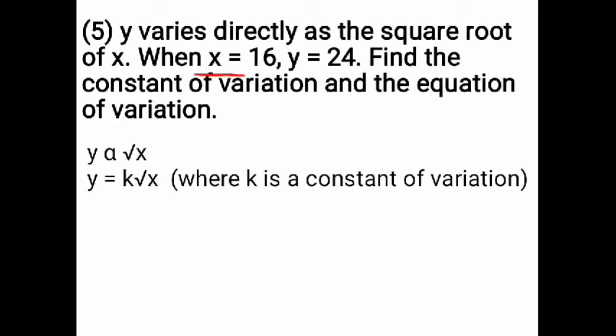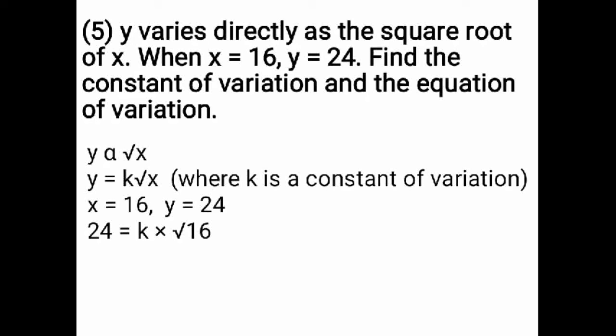Value of x and y, how much is given? You have to write next statement. X is equal to 16, y is equal to 24. You have to substitute the value of y is equal to 24, x is equal to 16 by using the formula of the constant of variation in direct variation. That is 24 is equal to k into square root of 16.